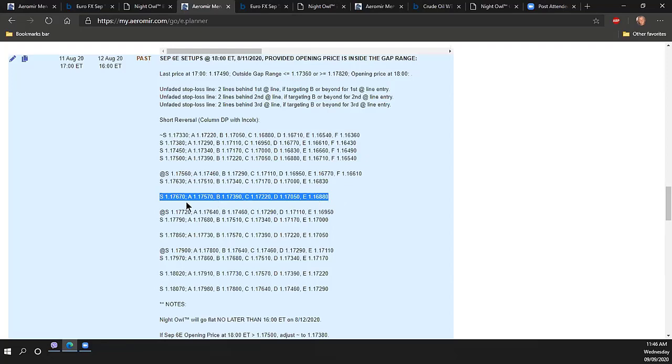But you don't want your stop to be in front of an at line. Don't ever put a stop in front of an at line, because the worst thing would be if you put your 3 ticks on this 67, you've got a stop at 70. What if 72 doesn't elect?